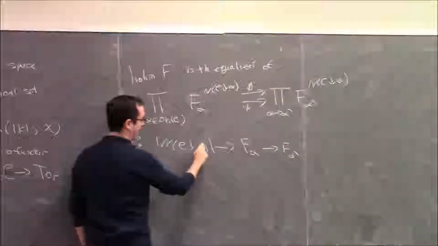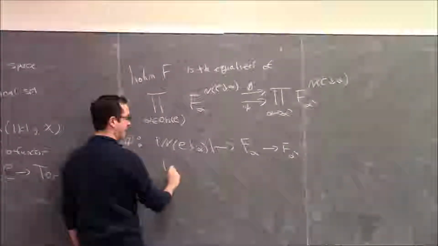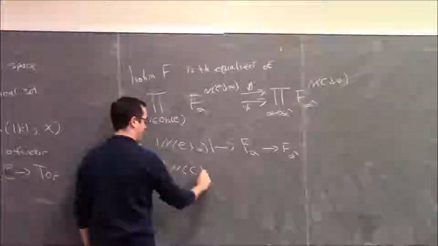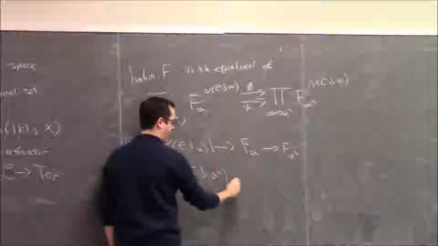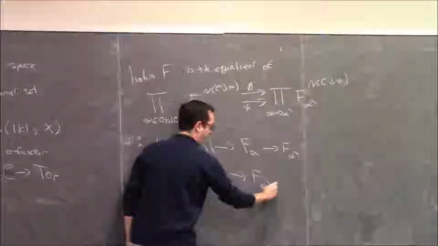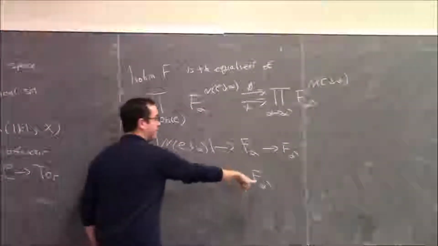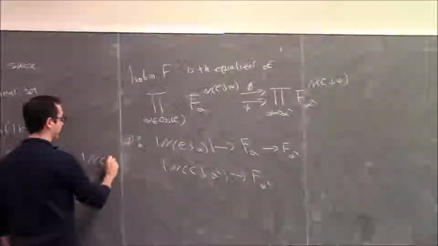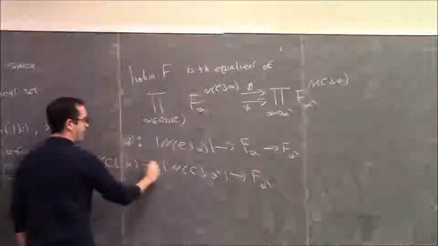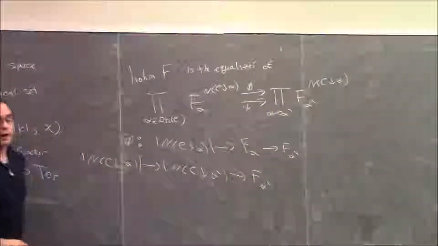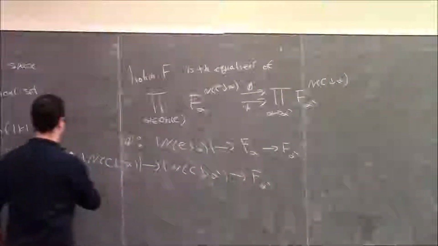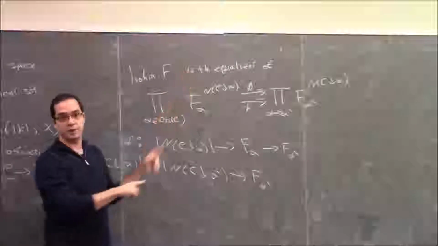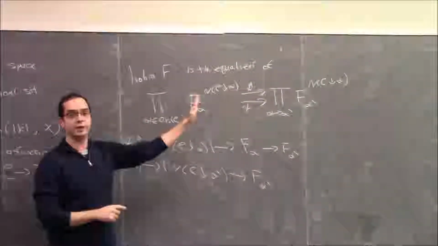Also, I map from alpha prime to alpha, and I have a map from the nerves, and I just pull back, and we'll call that psi. And so we do this to every factor here. Then we take the equalizer.